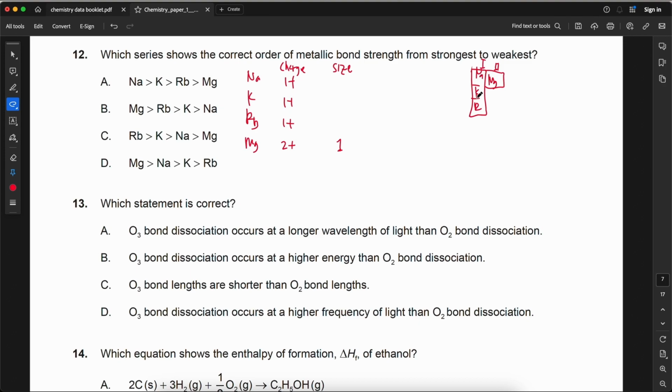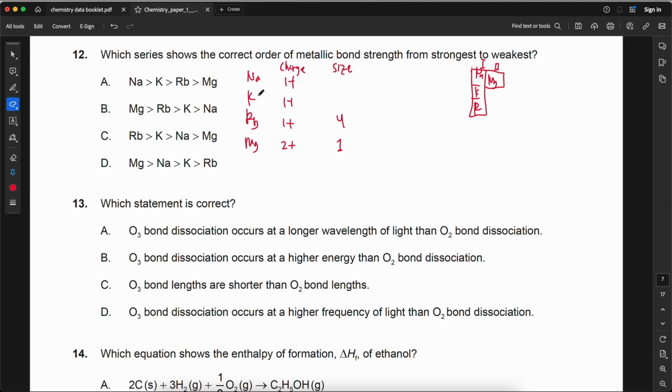When you go down a group, the atomic size will increase because the number of electrons increases, so the number of shells also increases. Therefore, between Na, K and Rb, these are the largest. Now we compare between Na and K. Of course, K will have a larger atomic size, so it means K will be weaker compared to Na.